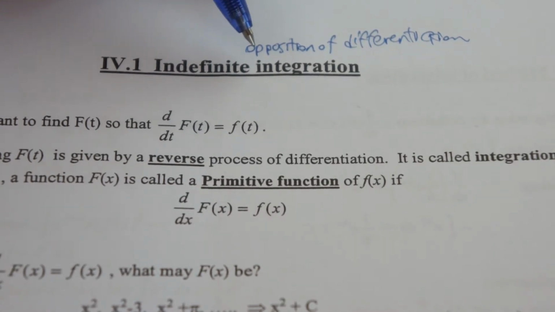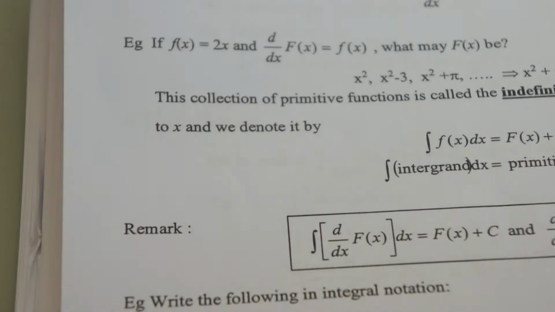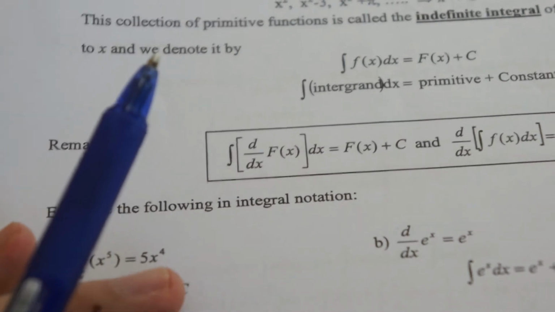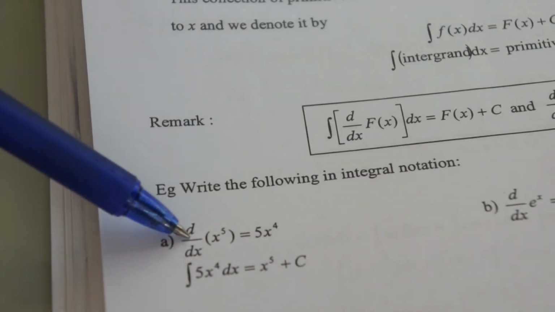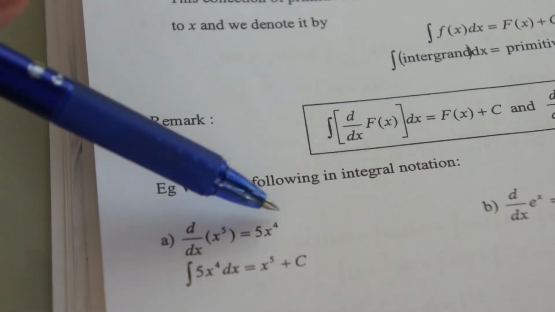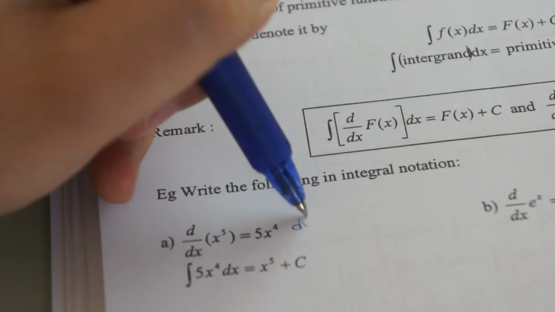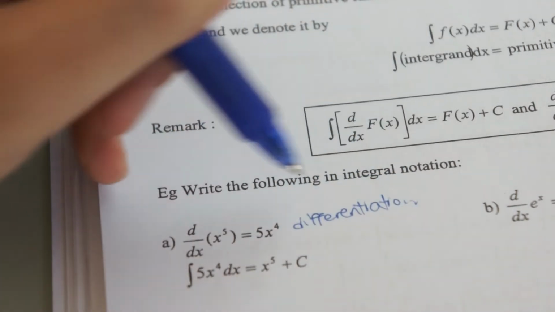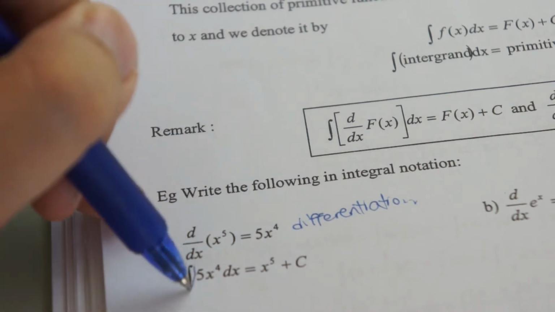Okay, so what you can see in the examples is that you write the following integral notations. First of all, here is an example: if we differentiate x to the power 5, you know the answer is 5x to the power 4. When we do the opposite, we integrate.